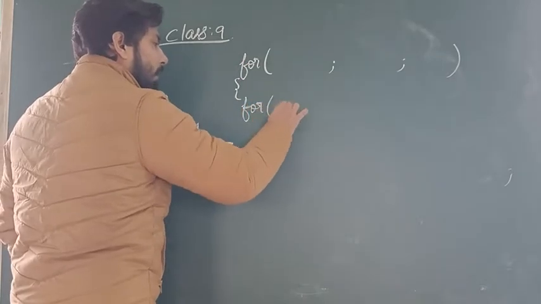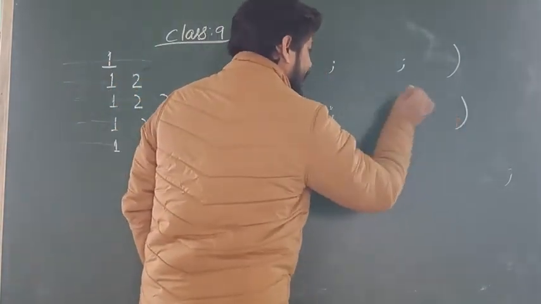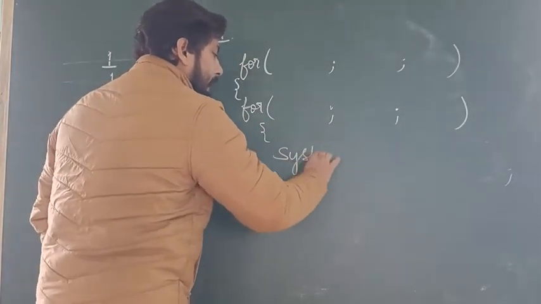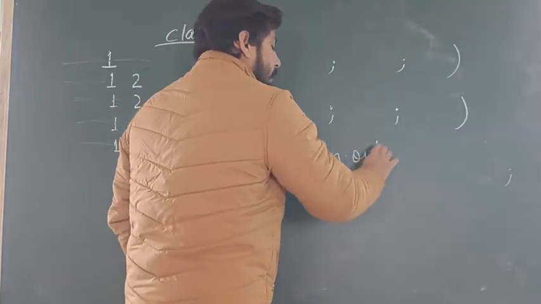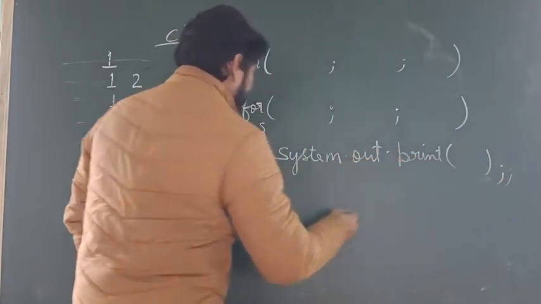Now for the inner loop, the same initialization, condition, and updation. Here we are going to print with system.out.print. What we are going to print, we will discuss now.